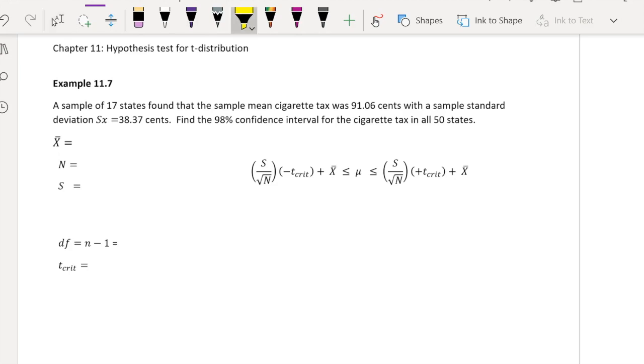So a sample of 17 states. Nice. So that's my sample. Then I keep reading, and it says that the mean cigarette tax again. Well, this one is clear because it actually says sample mean. So I know it's X bar.